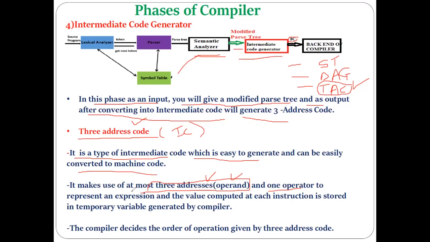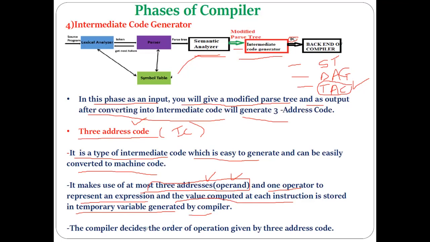So here I have mentioned that TAC makes use of at most three operands and one operator to represent the expression from the source code, and the value computed at each instruction is stored in a temporary variable generated by the compiler. So during three address code generation as IC, multiple temporary variables are utilized by the compiler.